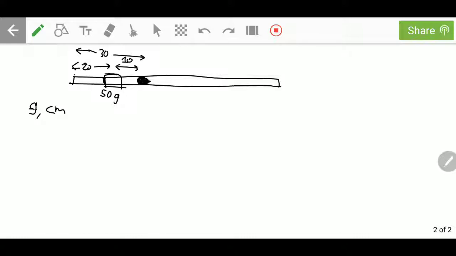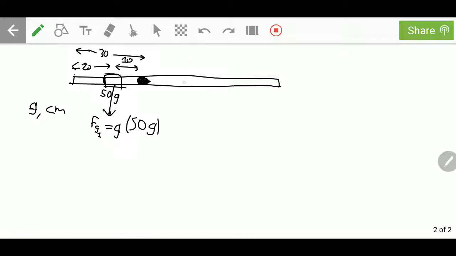And now we're going to have a gravitational force, which I'm going to call Fg1. It is going to be the gravitational acceleration, that's little g, not for grams, times our mass, 50 grams. Let's just leave it like that.